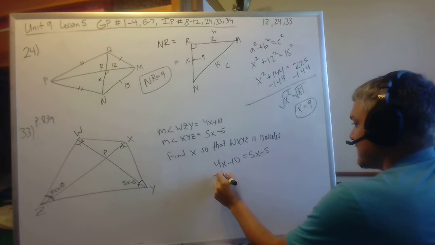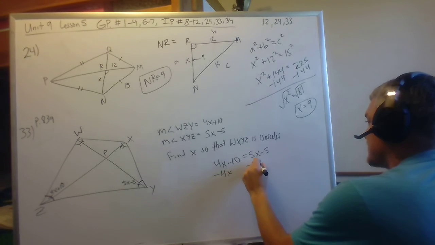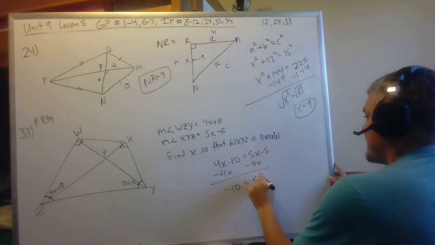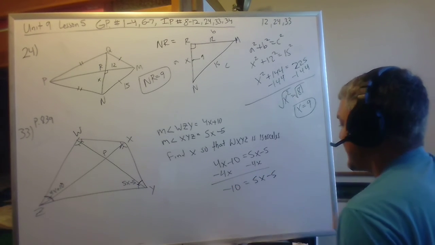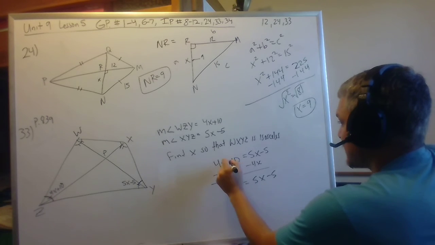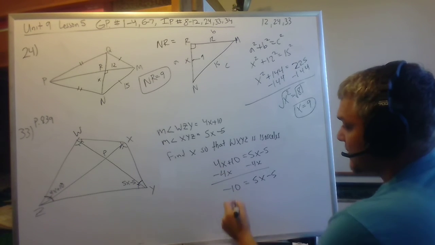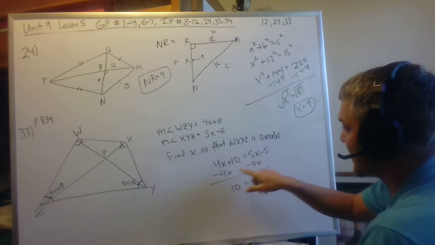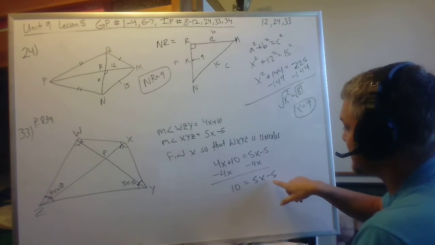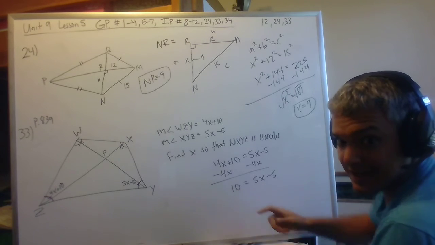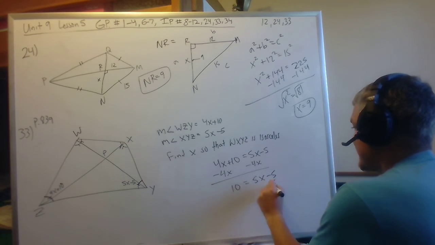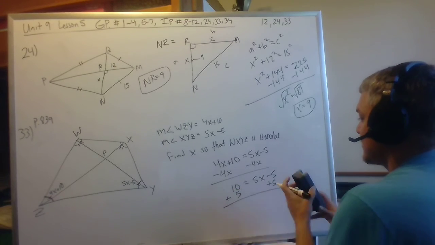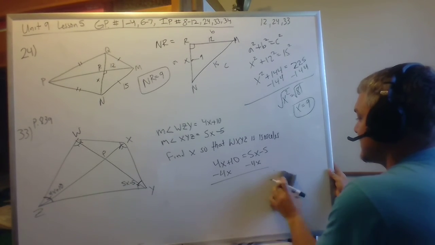So in order to solve for x, we're going to subtract 4x from both sides. Or sorry, it's 4x plus 10. Wow, I really messed up.